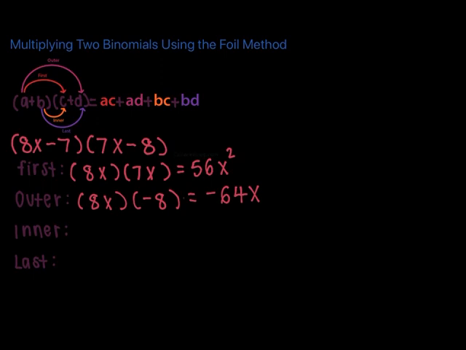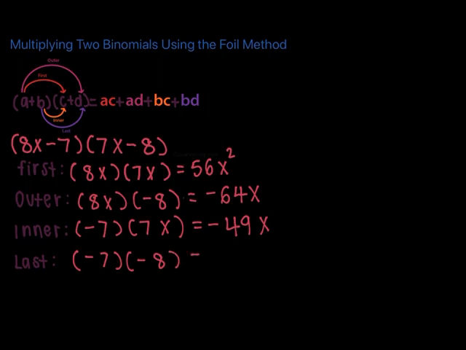Moving on to the inner, which would be negative 7 times 7x, which is negative 49x. And we move on to the last, which is just b times d, which is negative 7 times negative 8, which equals 56.